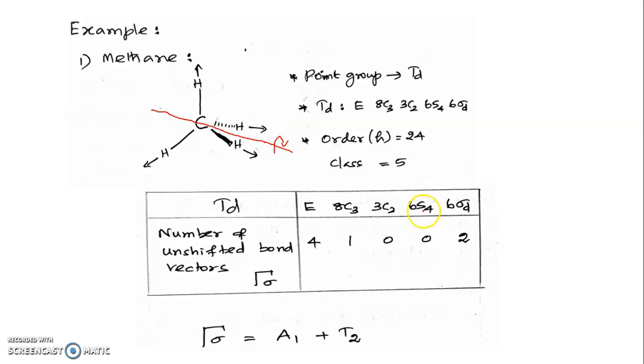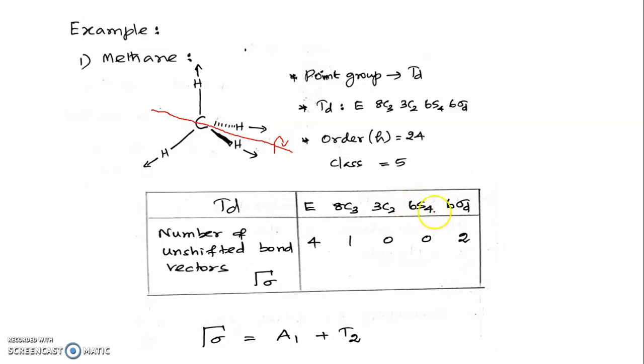Then the S4 operation. What is the S4 operation? You have to do a rotation by 90 degrees. This rotation axis passes through carbon. We discussed this in the first lecture, where we took the molecule in a cube and carried out the rotations, so just go through that once again.